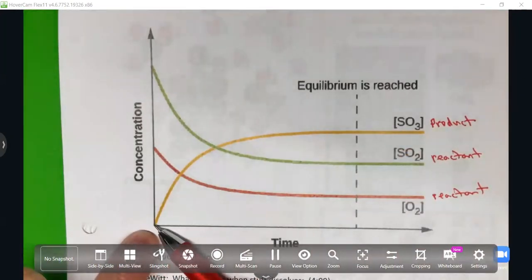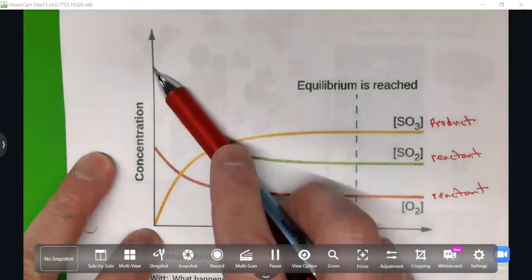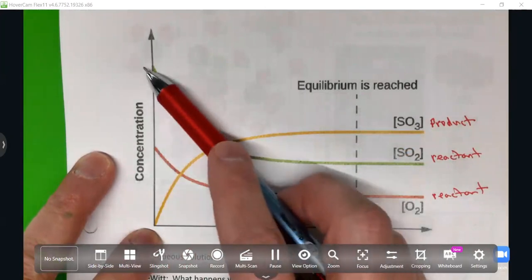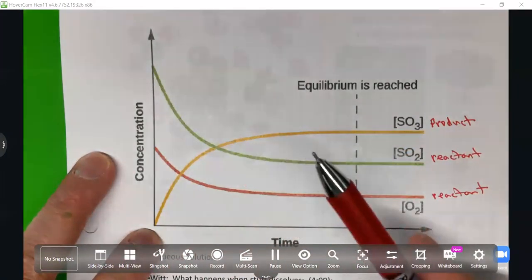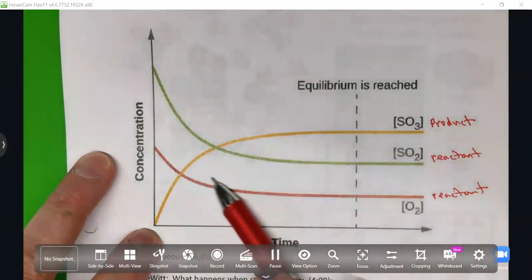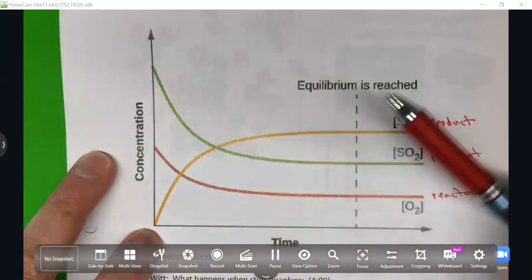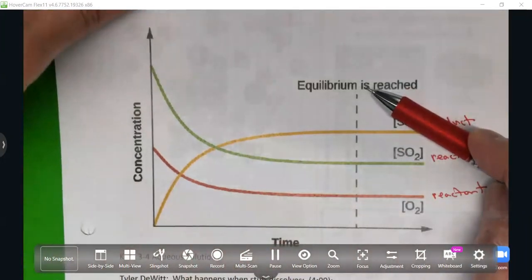This is my product. My product right here starts out at 0 at time 0. So you put in the two reactants, and kind of like what my evaporation example was, after a certain amount of time, it reaches equilibrium.